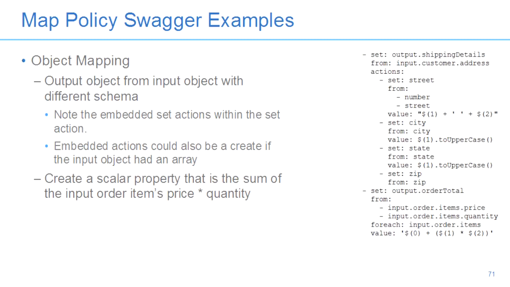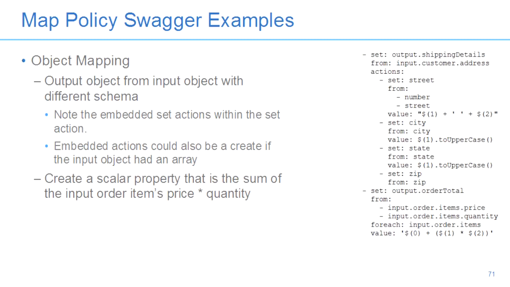But in this case, my output shipping details has a different schema than my input, so I'm dropping into some separate actions to set the specific properties within shipping details, and that's based on the actual data that came in from the customer address object that was read at the primary root level action.